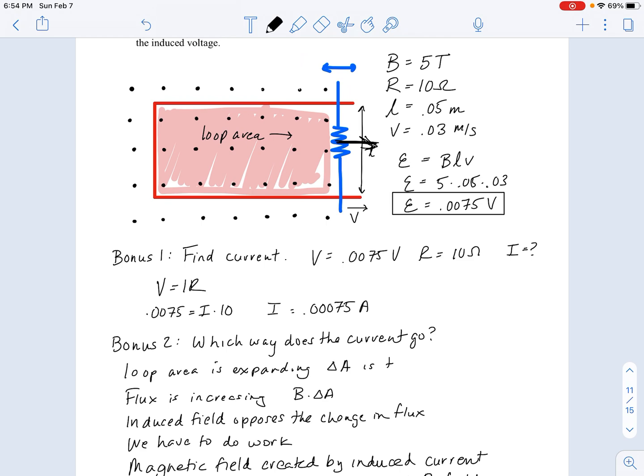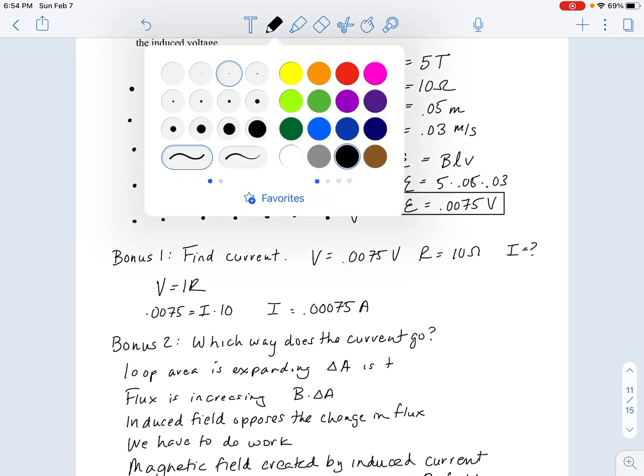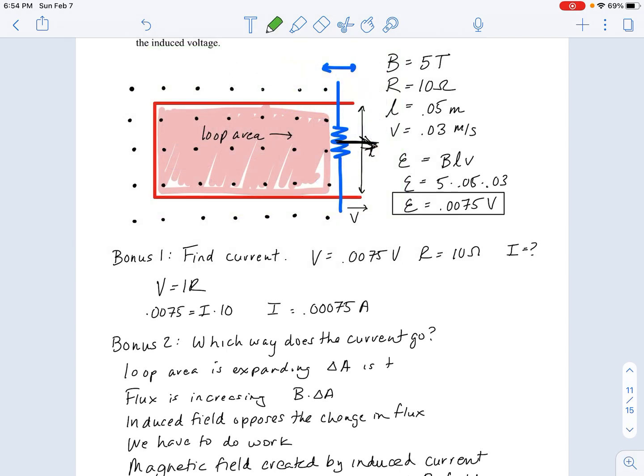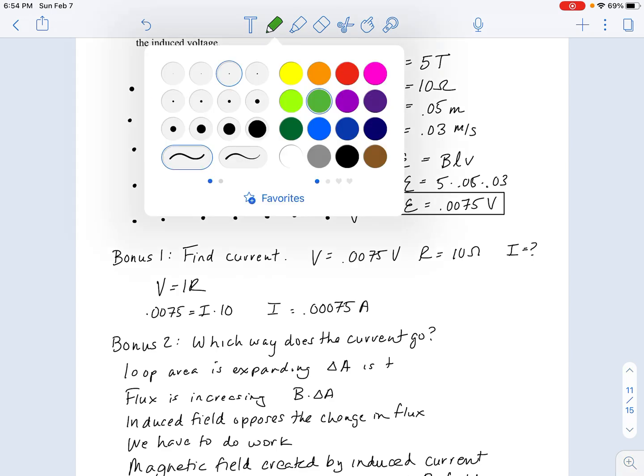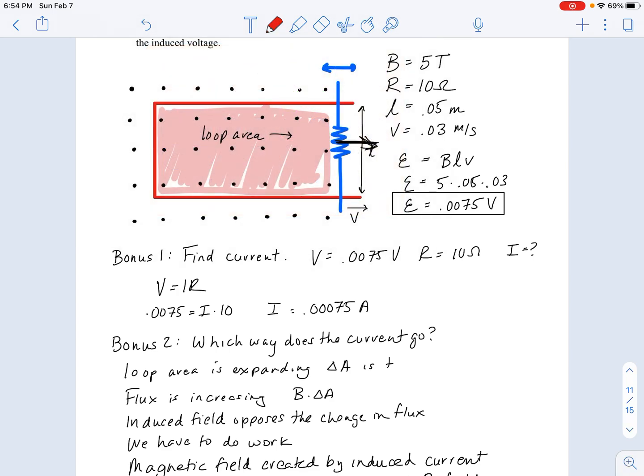So I have the existing external B field as dots there. Now I'm saying this loop, I'll do this in red, there's going to be a current in it, and the magnetic field caused by this current in the red loop is going to have to go in the opposite direction.